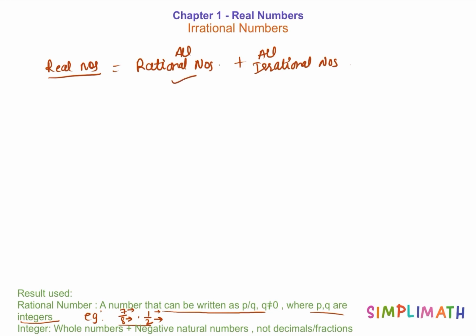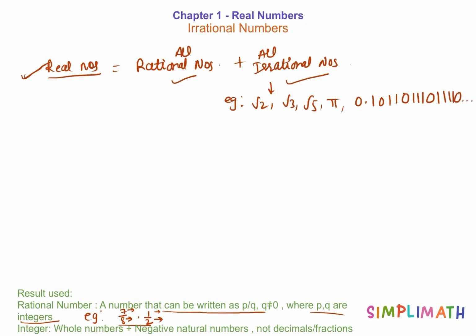We know there are infinitely many rational numbers and infinitely many irrational numbers, so there are an infinite number of real numbers. Examples of irrational numbers are root 2, root 3, root 5, pi, 0.1011011101111 and so on.